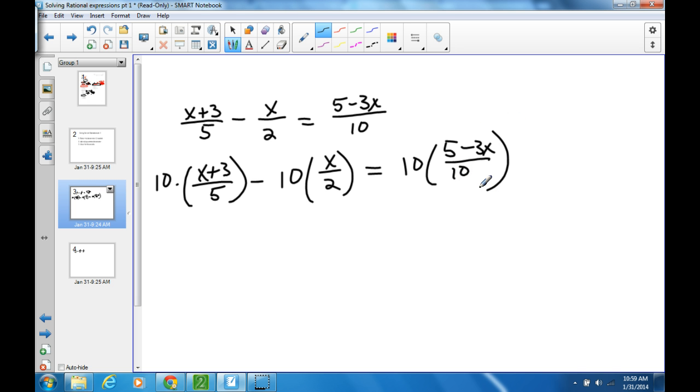Once I do that, I can see that 5 goes into 10 how many times? Twice. So I can cancel that, make it a 2, and then just cross off the 5. So then it would be 2 times x plus 3 is what I'm left with from that.